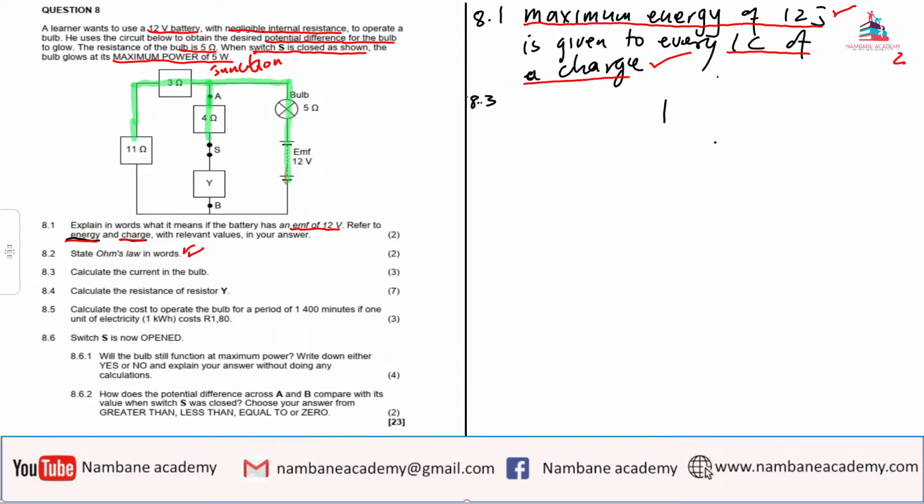But remember, EMF is the maximum energy that can be given off by the battery when the switch is open. So let's see, after redrawing this circuit, how is it going to look? It is going to look like battery, bulb, 14 plus 4 plus Y.